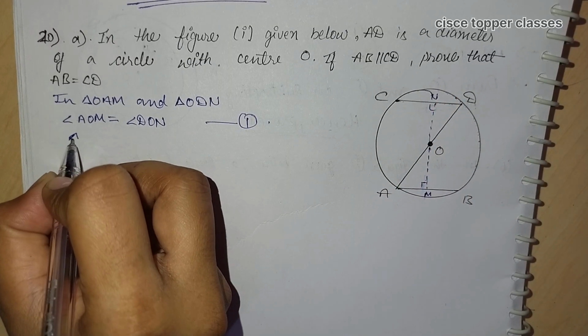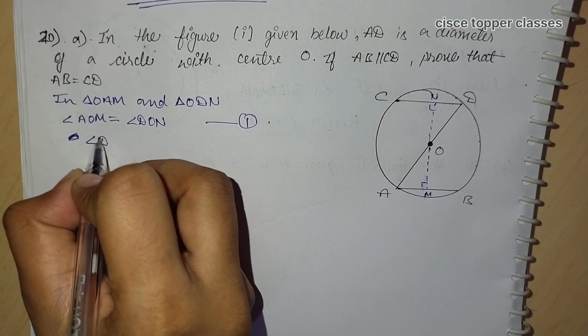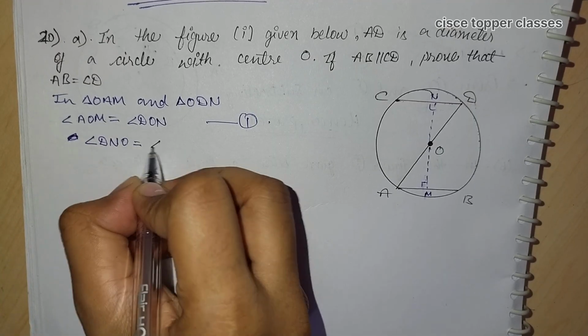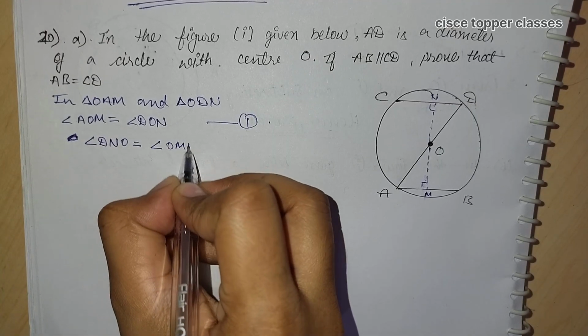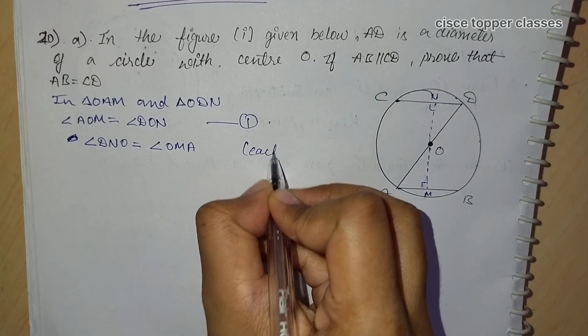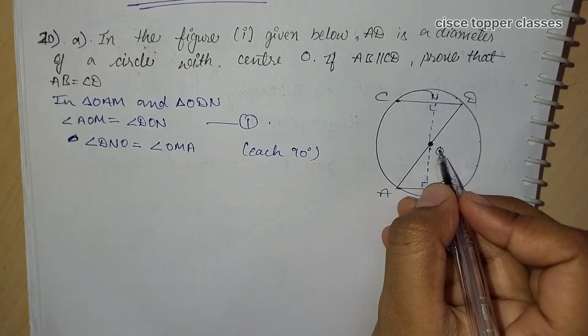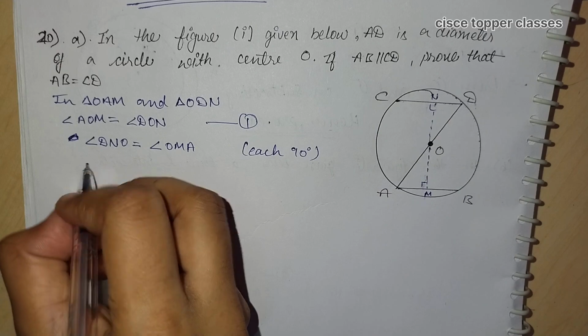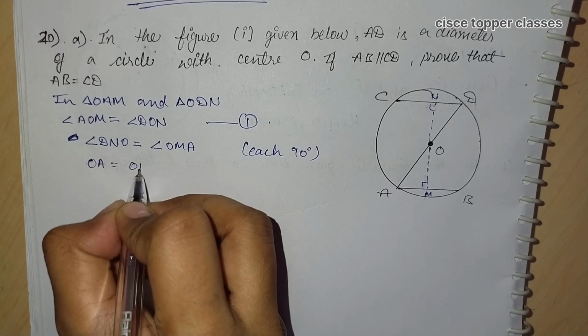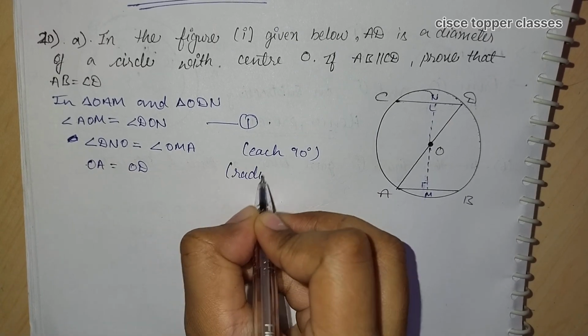And OA is equal to OD because this is the radius of the circle.